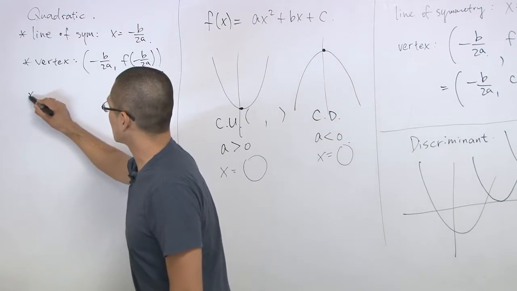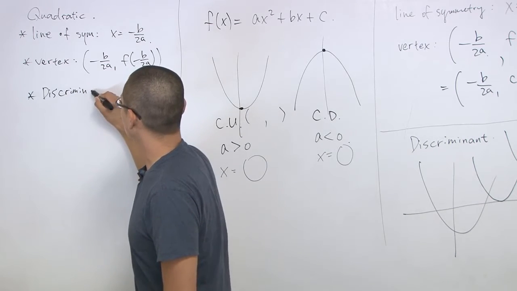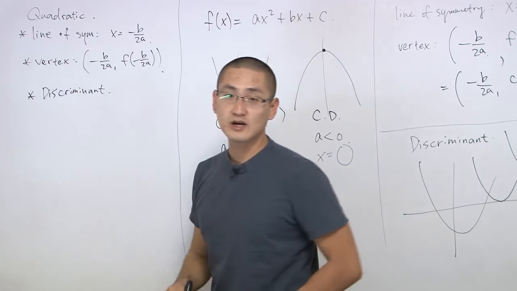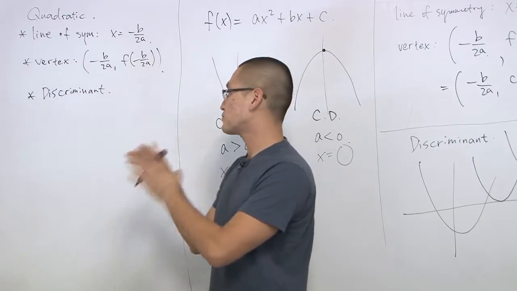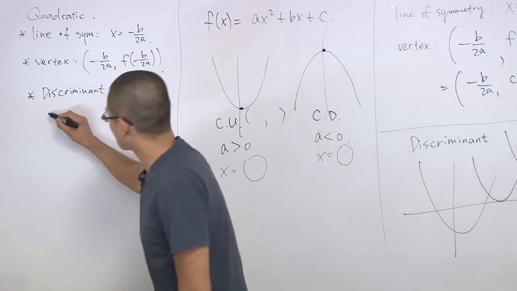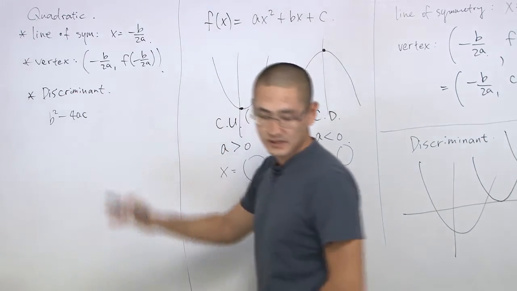And the discriminant, which I will fill in later, tells you about the nature of x-intercepts, right? Whether you will have 2 x-intercepts or 1 or 0. So let me just make a mark here, b squared minus 4ac, and then I'll fill it in later.